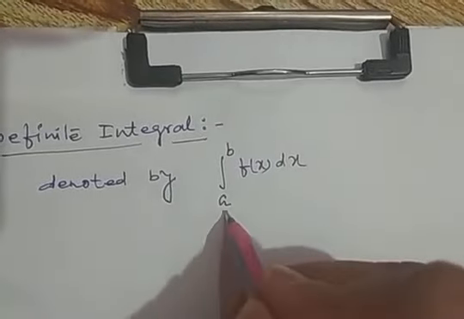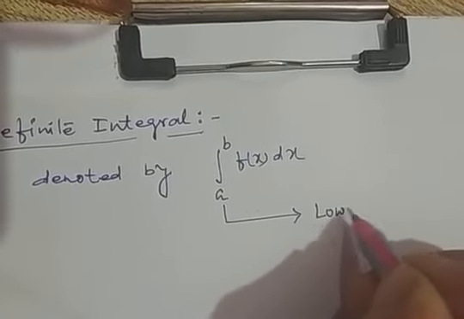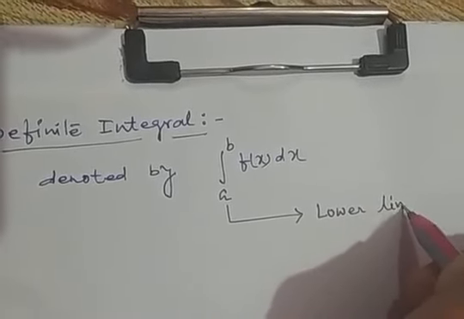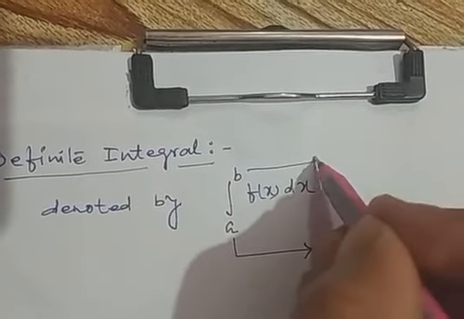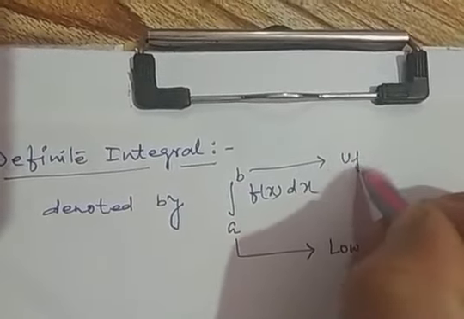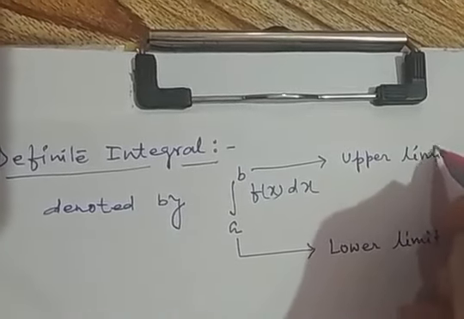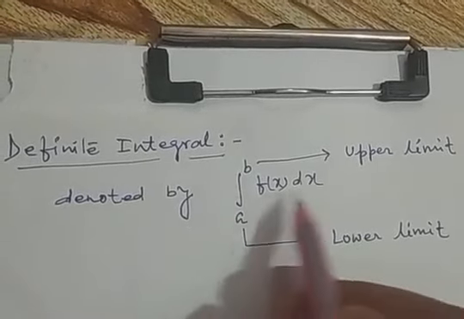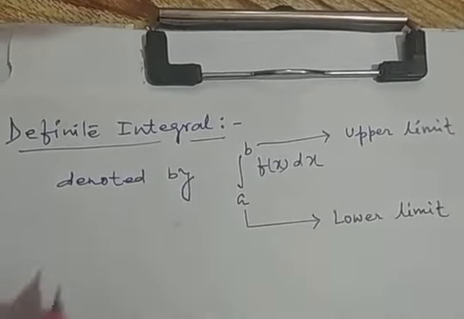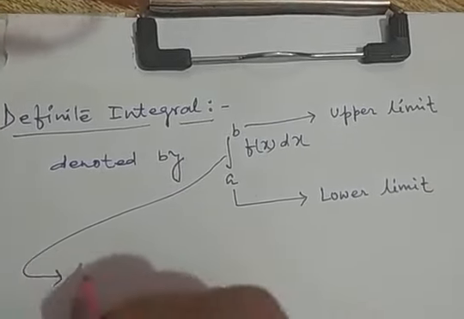Here students, this a is called the lower limit and this b is called the upper limit of the definite integral. Basically students, it is the area.